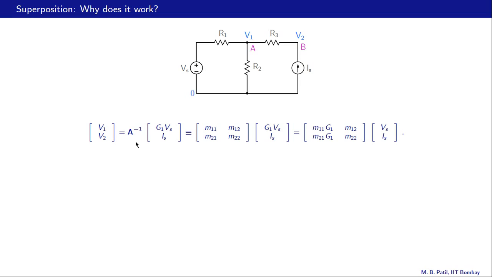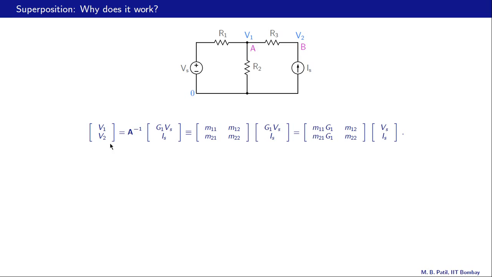Let us now write A inverse as this 2 by 2 matrix M11, M12, M21, M22, and let us bring this G1 inside this matrix now, and we do that by multiplying M11 and M21 by G1.